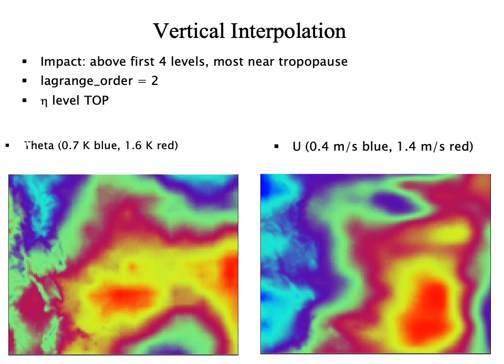And that's what this particular field is showing you. So at the tropopause, even in areas of topography, you can get significant small scale changes that are caused by selecting a higher order vertical interpolation.